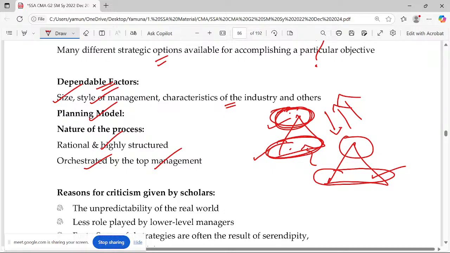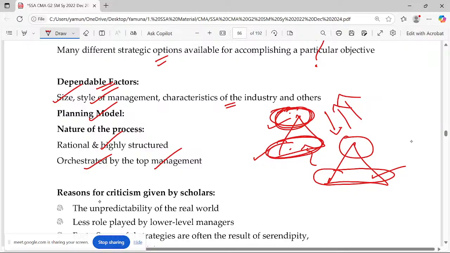Strategy is not always expanding the business or investing more in the business. Sometimes we reduce the cost and control the cost, which is also a strategy. And it's obviously a very good strategy because investment is not always going to be helpful, because we have to show the return on investment. If you are not showing the return on investment, then there'll be a big question mark.